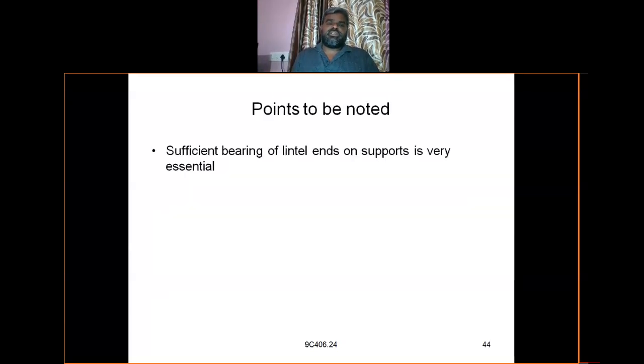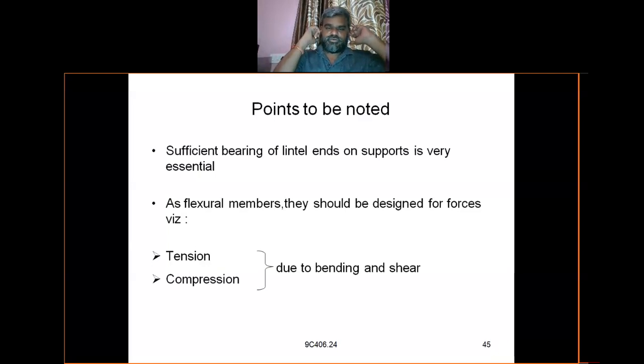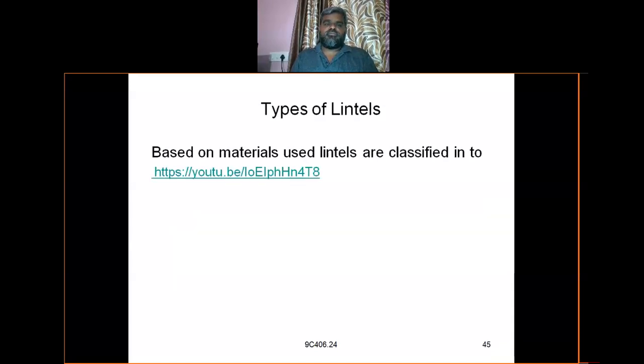Points to be noted. Sufficient bearing of lintel ends on supports is very essential. As flexural members, they should be designed for forces: tension and compression due to bending, and shear also. Types of lintels.